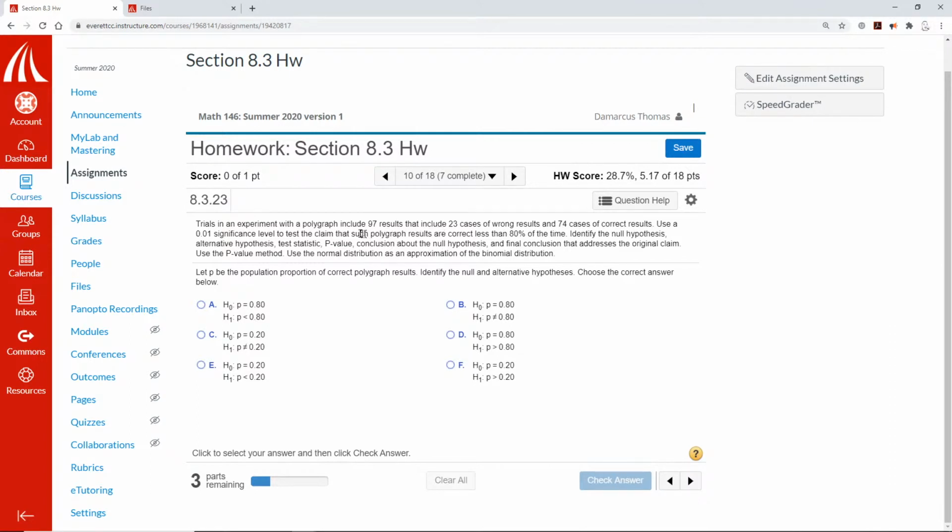So since we're testing the claim that it's correct less than 80% of the time, we're going to set our null to be equal to 80% and the alternative to be less than 80%.